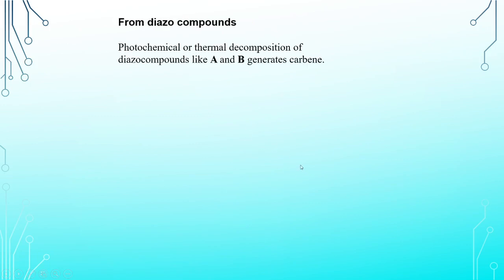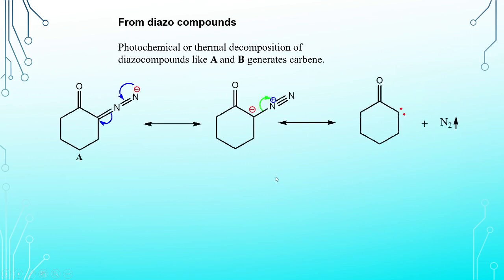The next method is from the diazo compound. The photochemical and the thermal decomposition of diazo compound generates the carbene. So here you can say this is the diazo compound, and after the removal of the N2 gas, we get the carbene. This is the photochemical or thermal decomposition of the diazo compound.